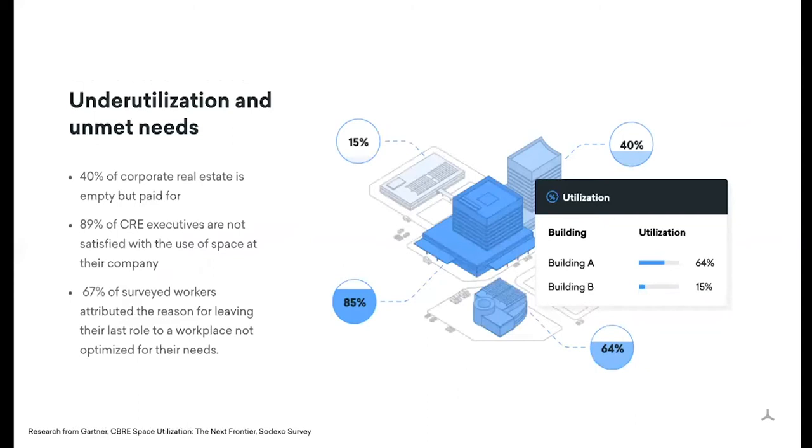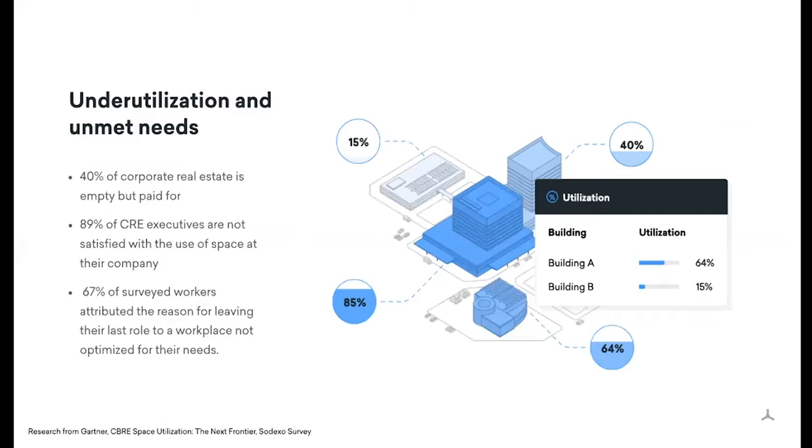But there's also an overarching problem here, which is underutilization and unmet needs. Even though we're talking about the need to understand how humans are using space, historically that doesn't happen. About 40% of corporate real estate is empty but paid for, and that's in a world where, on average, the cost per square foot before all the operating expenses is above $30 a square foot for the first time ever.